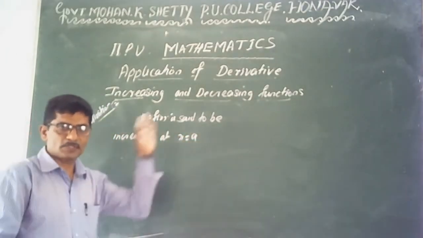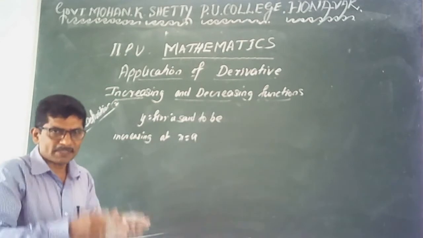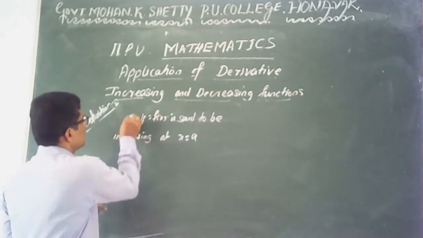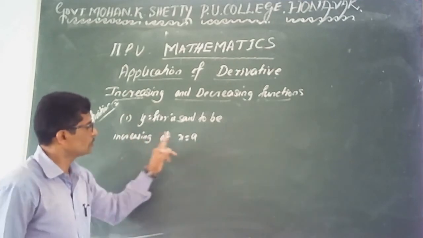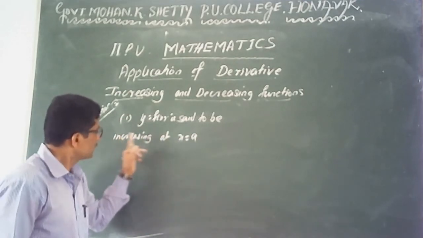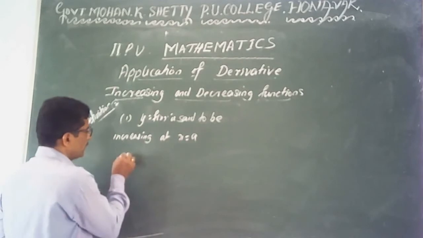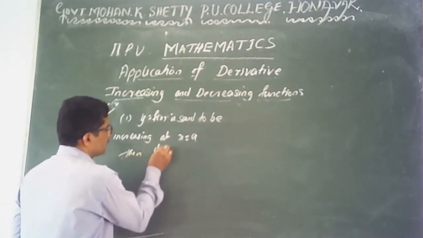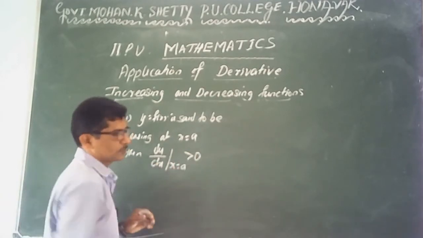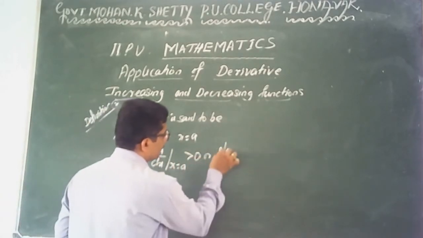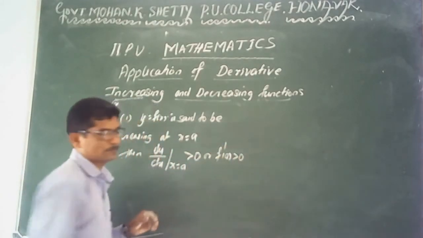It belongs to the domain of the given function. Here verifying at a particular point, at the point x equal to a, y is equal to f of x is increasing at x equal to a. Then the derivative of y with respect to x at the point x equal to a is positive, or you say that f dash a is always positive.